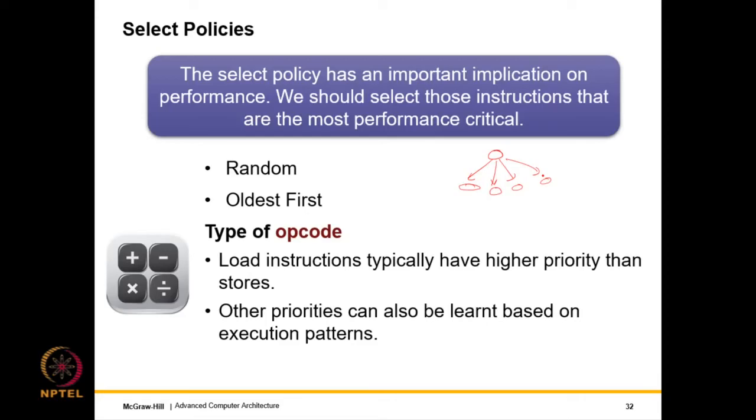So the main point of designing a good select unit is to figure out those instructions on which a large number of other instructions are dependent. These instructions should be selected. Of course, how to do it in hardware and that too quickly? Well, that's difficult, but a lot of modern select units actually have some estimate of how to do it.